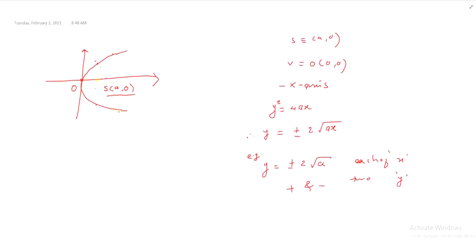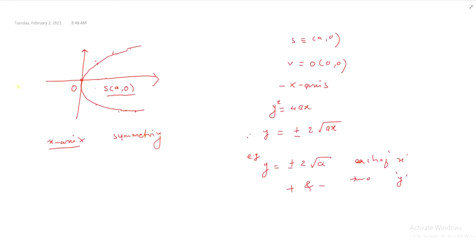If we choose one value of x, we get two symmetric values of y situated exactly opposite to each other. Which means this curve of the parabola is symmetric about the x-axis. Hence, the axis of symmetry of the parabola is the x-axis. Okay, axis of symmetry.